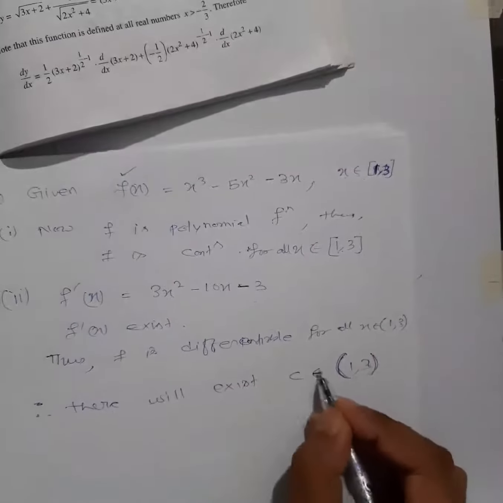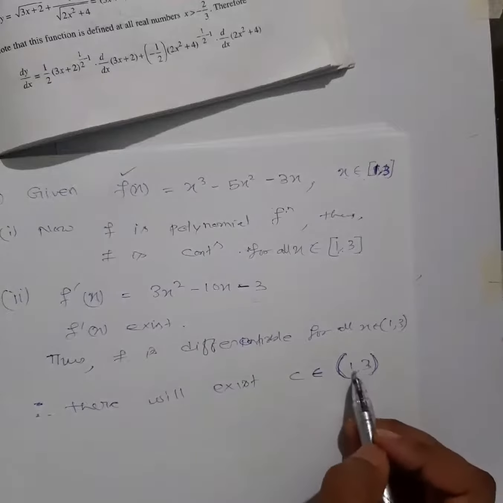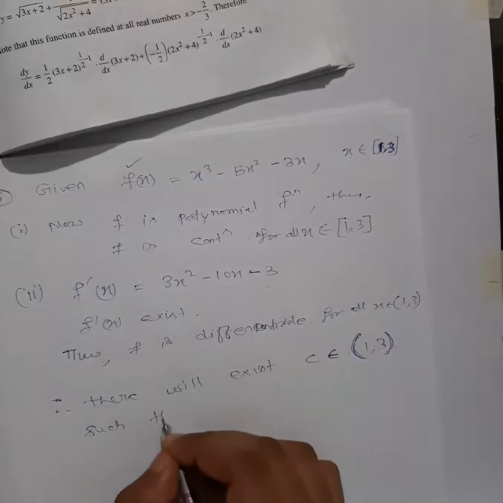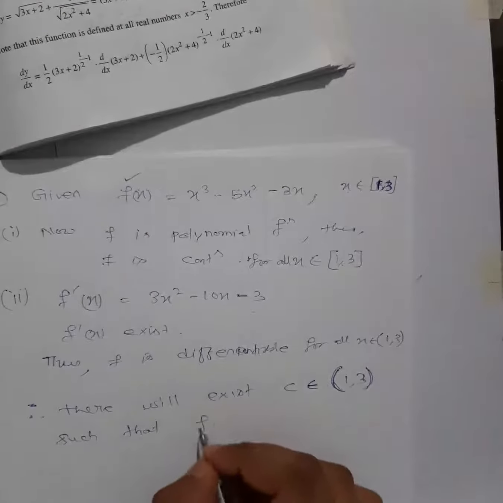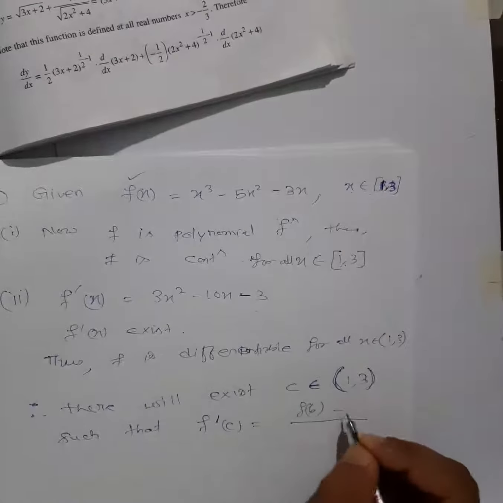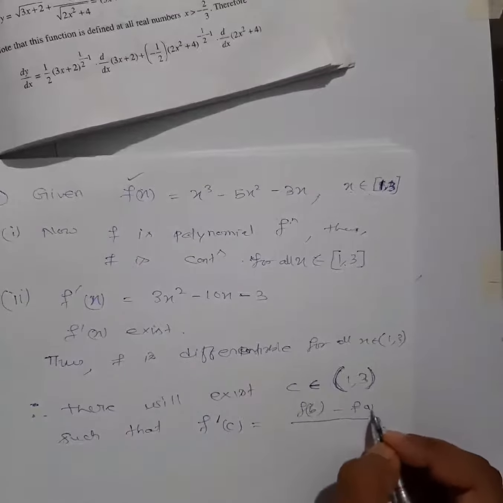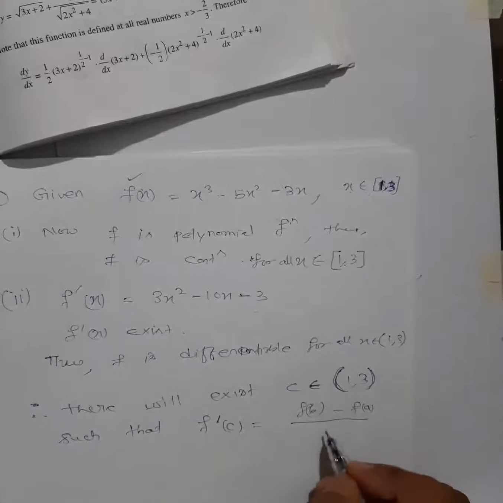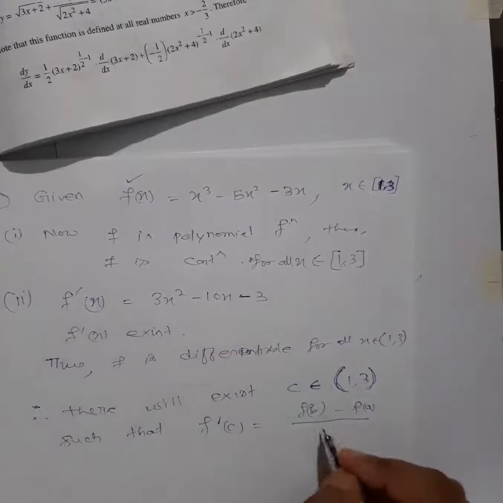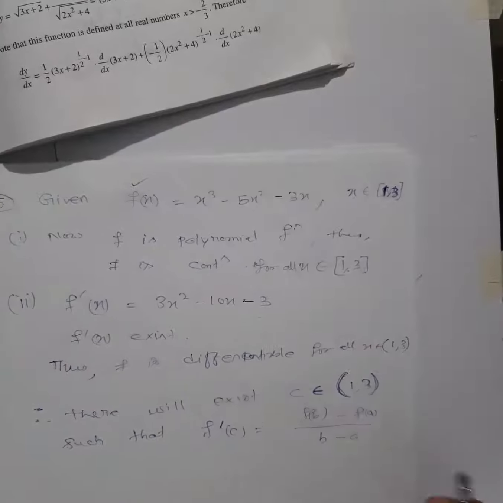There exists c belongs to this interval such that, what was the condition this time? Not 0. f dash c will be (f of b minus f of a) by (b minus a). What is your b here? Let me write down b and a so that you can understand. This is the theorem, and b and a are given here also in the question itself, so I can use them.